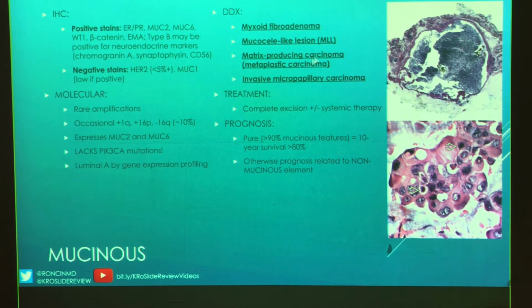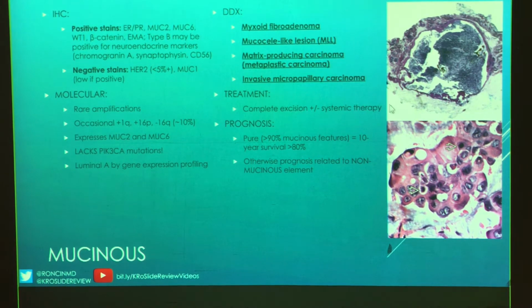It's more likely to be mucin down here, but that's another story. So again, I would think about those versus your mixed tumors. And invasive micropapillary carcinoma, so if you have micropapillary carcinoma, they tend to have a lot of mucin production as well. Okay, this is going to be a recurring theme.